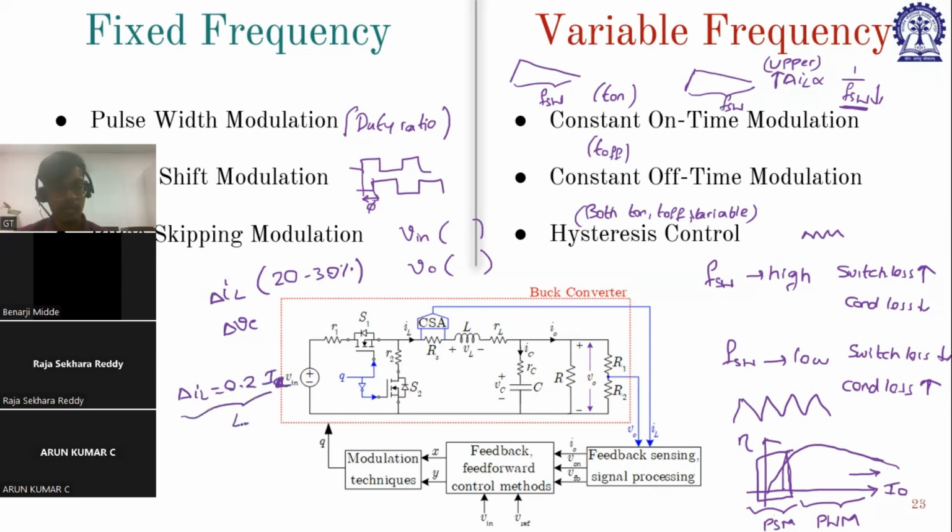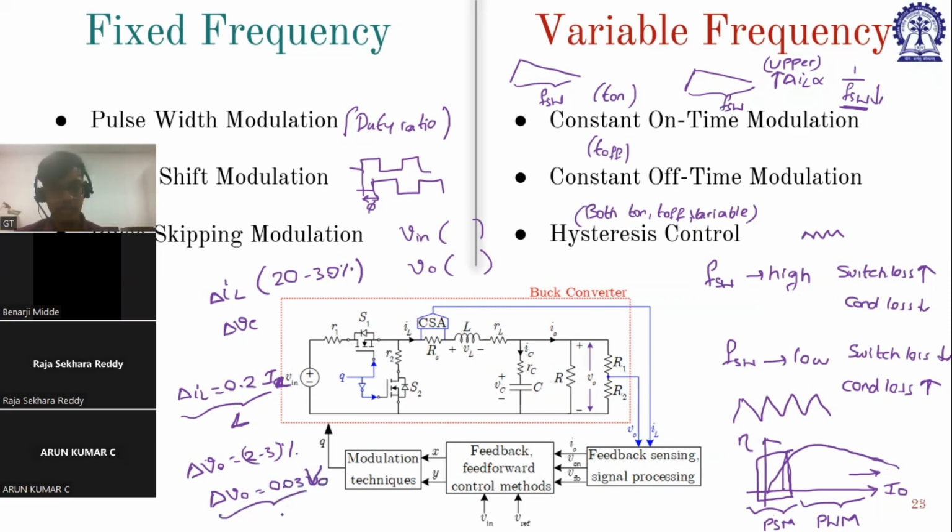This is designing the L. The thumb rule is that the inductor is operated such that the ripple is around 0.2 times IL. Whereas on the output side, delta VC or delta V naught is around 2 to 3% of V naught. So delta V is say 0.03 worst case of V naught.